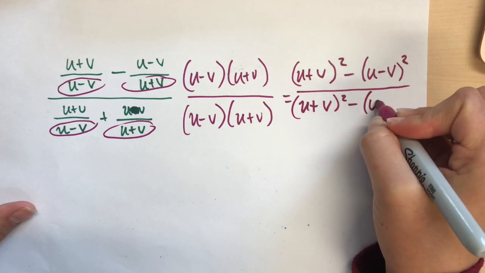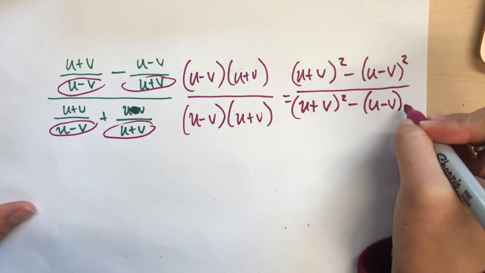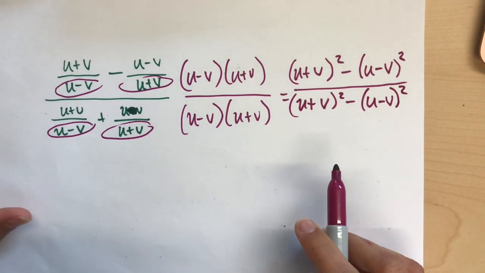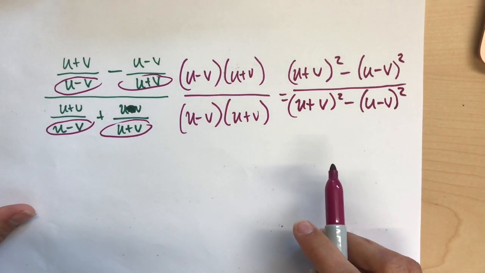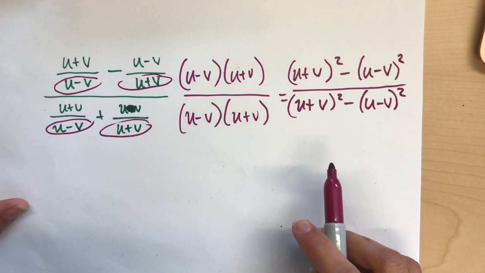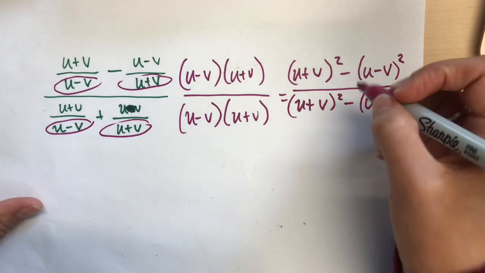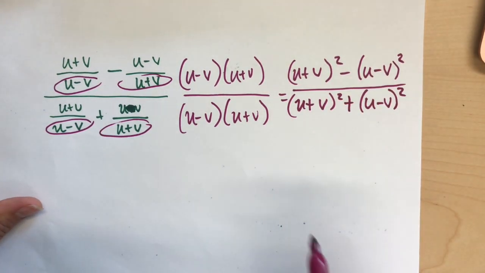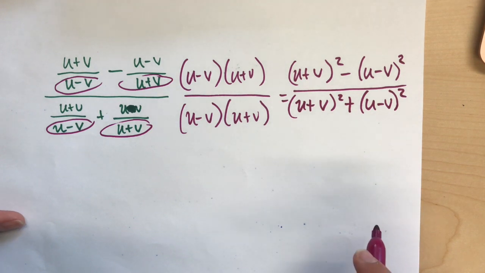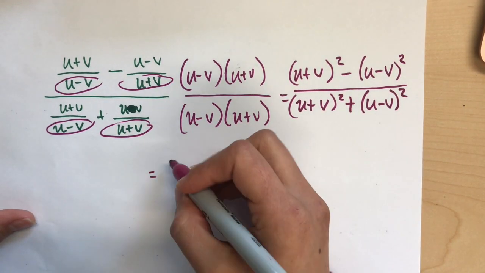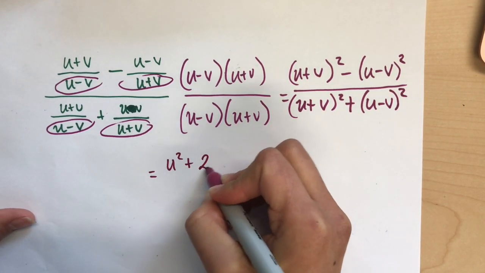The first one, the u minus v's are going to cancel. I'm going to be left with u plus v squared. And then the second one, the u plus v's will cancel. I'll be left with u minus v squared, because there's 2 of them multiplied together. And the only thing that's different between top and bottom is that there's a plus sign in between those on the bottom, so I can't just cancel them to be 1, because there is a difference there, plus and minus.